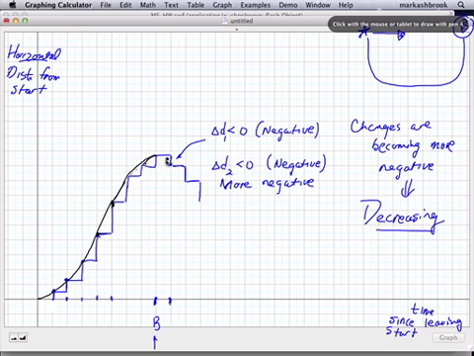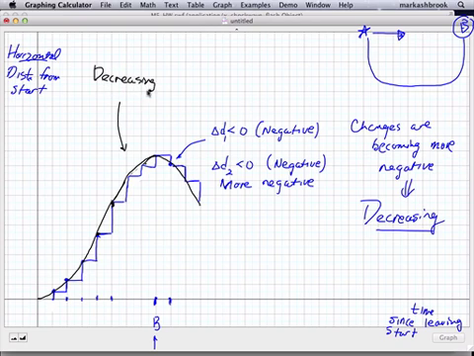So here's why we do this, so we can have consistency with the shape of the graph. What's the shape of the graph? Concave. Still concave down. So we knew this was decreasing rate of change. Here, it's still decreasing because the changes are becoming more negative.